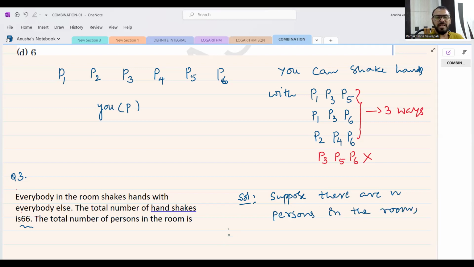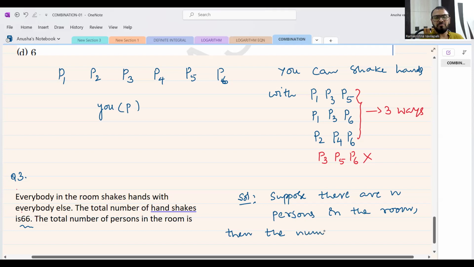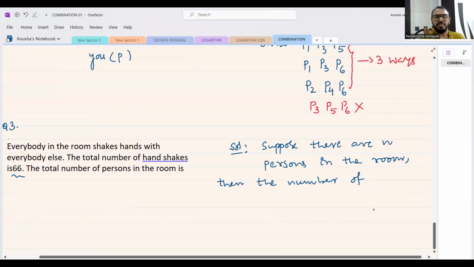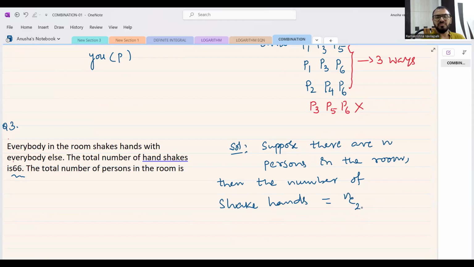Then the number of shake hands, or handshakes, according to our formula, is nC2. It is given equal to 66.